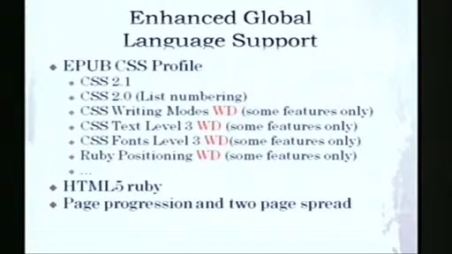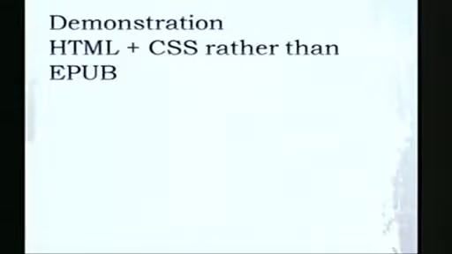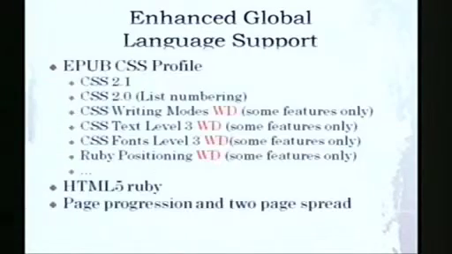In particular, writing modes, which is for vertical writing, text level 3, Asian typography, fonts level 3, Ruby positioning. And there are other CSS working drafts which EPUB3 depend on. And EPUB also uses HTML5 Ruby. And EPUB introduced its own mechanism for controlling page progression and two-page spread.